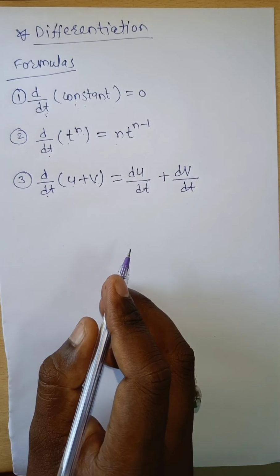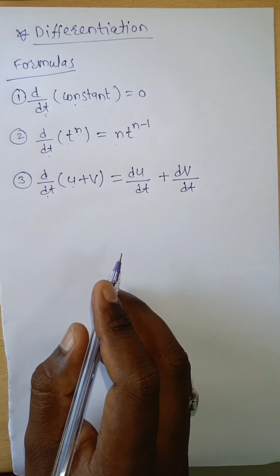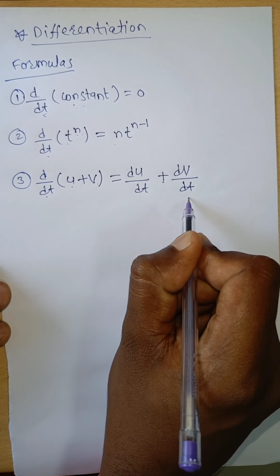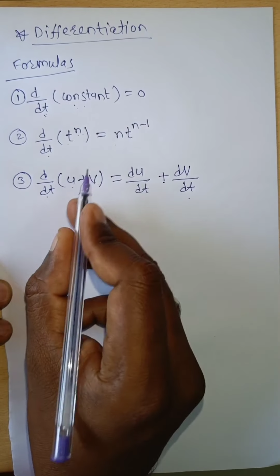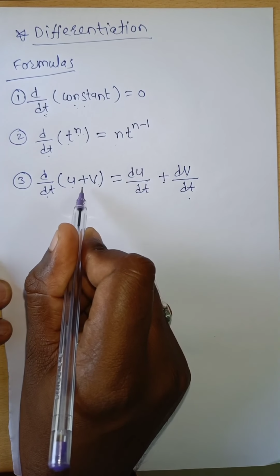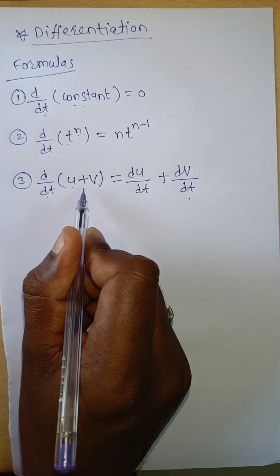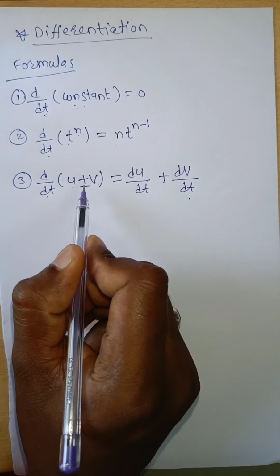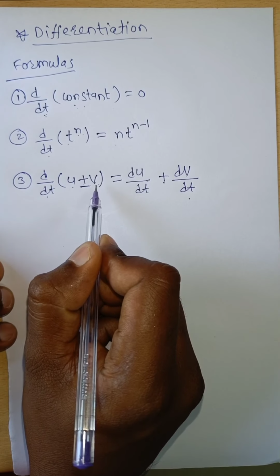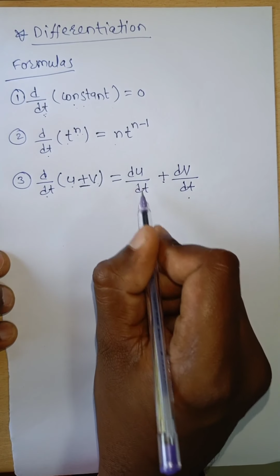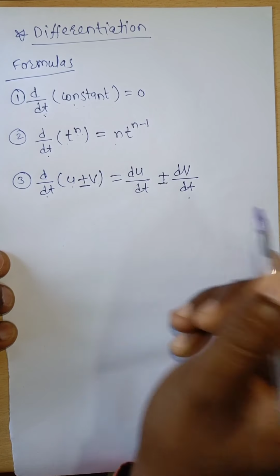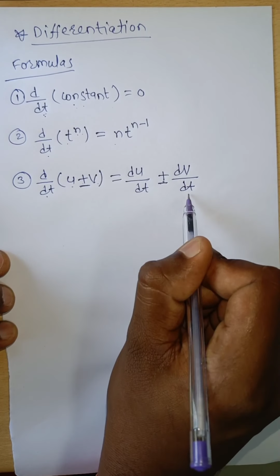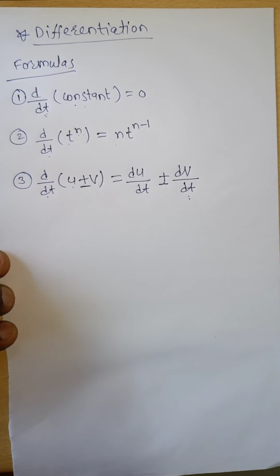If they are in the form of subtraction, the differentiation of first function minus second function is equal to differentiation of first function minus differentiation of second function, that is du by dt minus dv by dt.